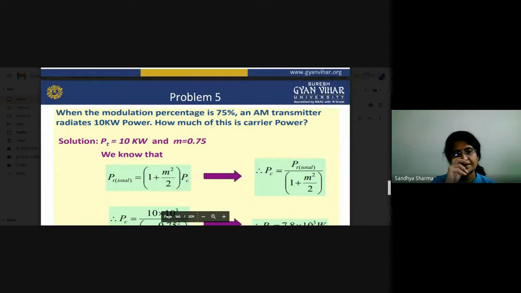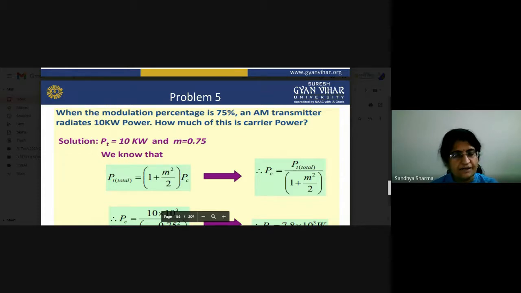And now what is given here? When modulation percentage is 75% and the AM transmitter radiates 10 kilowatt power, how much of this is carrier power? First of all, we have to see that modulation percentage is 75%, so you are given the modulation index, and the AM transmitter radiates 10 kilowatt power, which means you are given the total power.